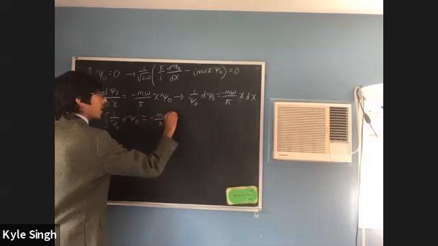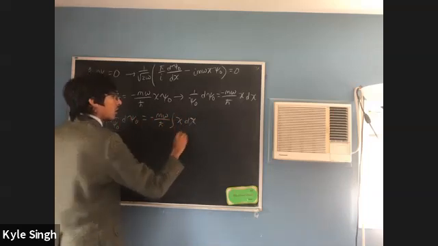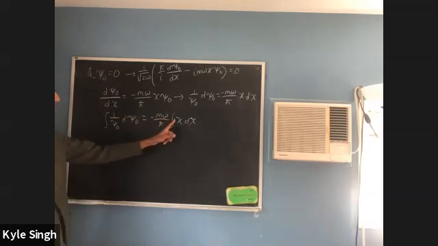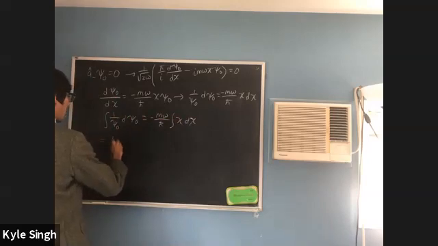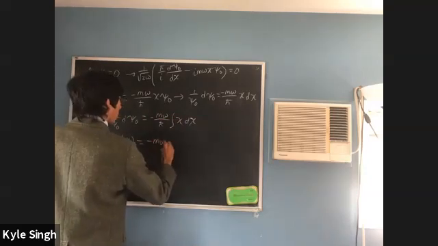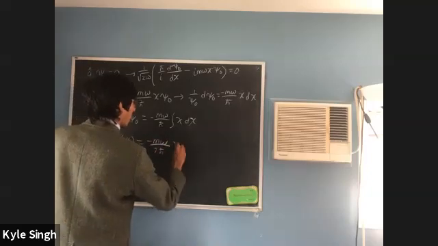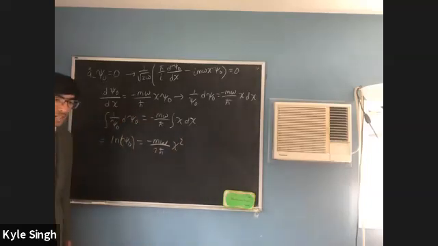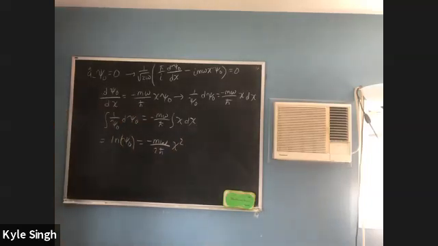Pull my constants out. Okay, this is super easy. This will give you what? An ln, right? This will give you what? X squared over 2. What do I get? I just get ln psi naught equals minus m omega over 2h bar x squared, right? Okay, and now I have a solution.